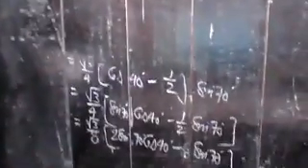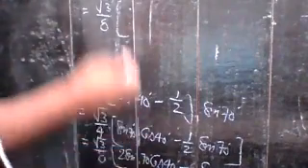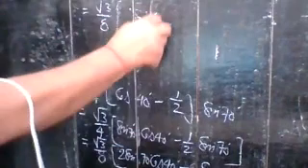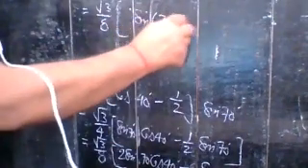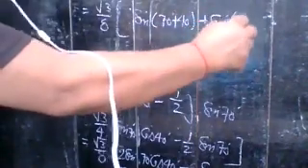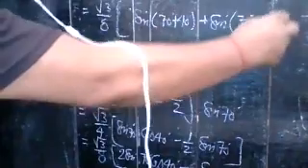So that is equal to root 3 upon 8 into, applying here sine x plus y, so you can write sine 70 degree plus 40 degree, plus sine x minus y, so sine 70 minus 40, and this term minus sine 70 degree.